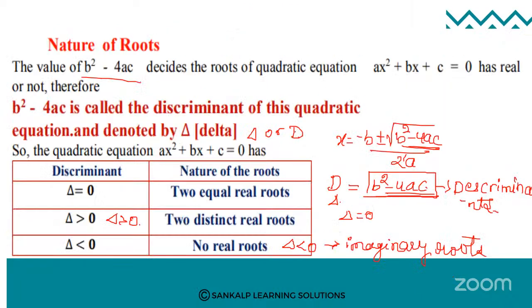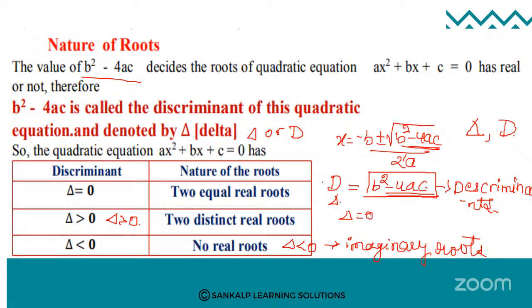And nature of roots: b square minus 4ac is called the discriminant of the quadratic equation because it finds out the nature of the roots, whether it is equal roots, real roots or imaginary roots. The discriminant can be denoted by the letter delta or d.